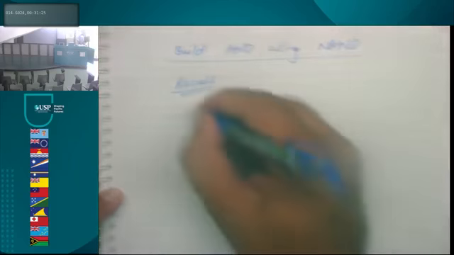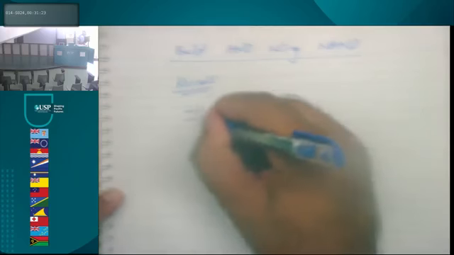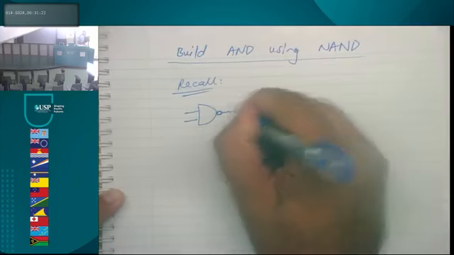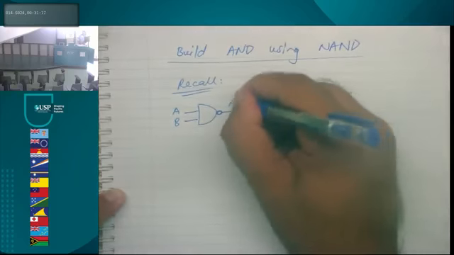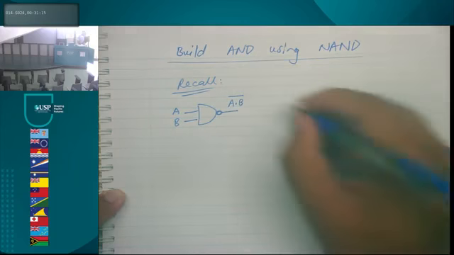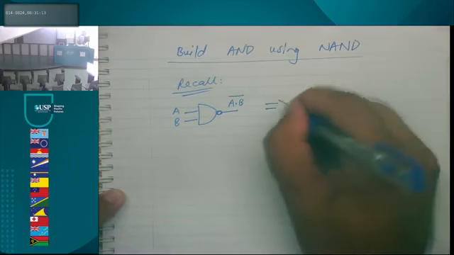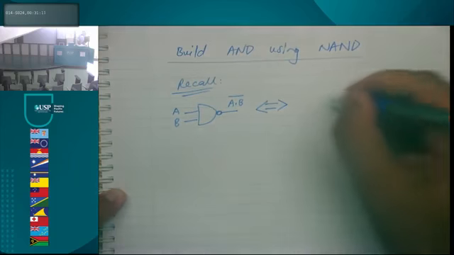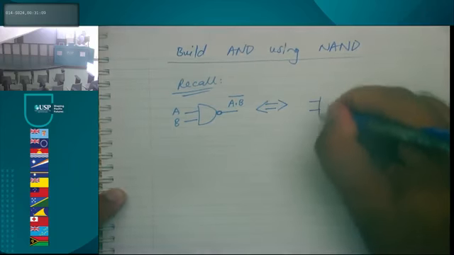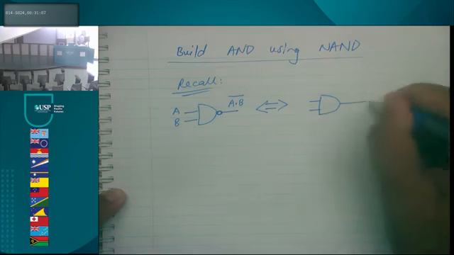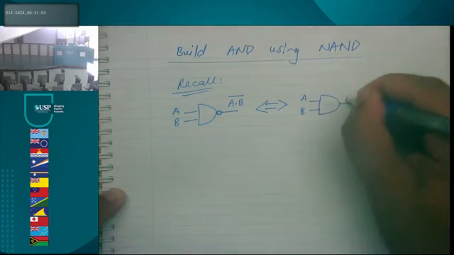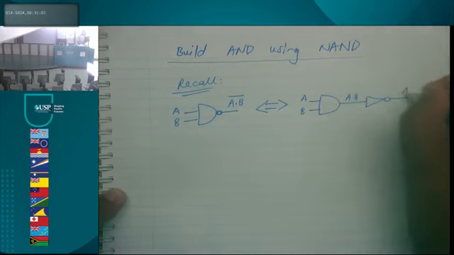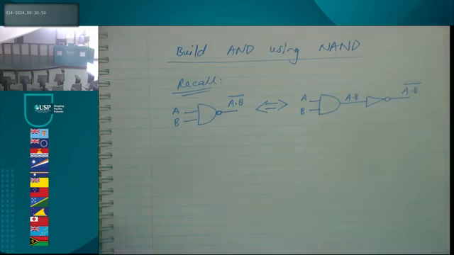How did we build the NAND in the first place? Well, basically, what we did was we built it by putting an AND gate in series with a NOT gate. That is A and B, then this becomes (A and B) bar.